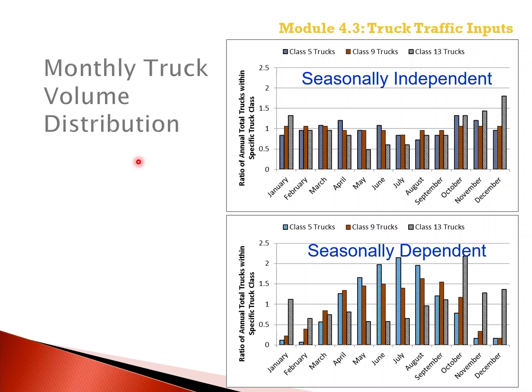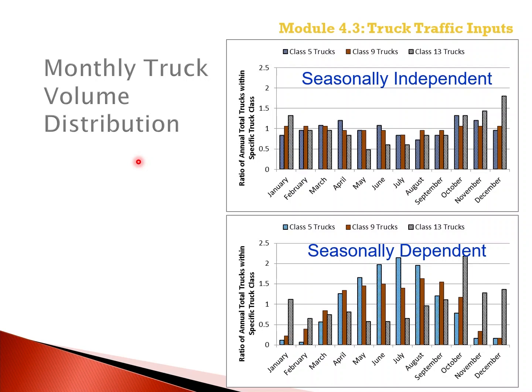Most sites will deviate from that default value, but will not have a significant impact on the final design or predicted distresses. The monthly volume distribution factors are determined from the WIM data and/or vehicle classification data collected over time. In most cases, the monthly truck volume distribution factors are derived from vehicle classification data.